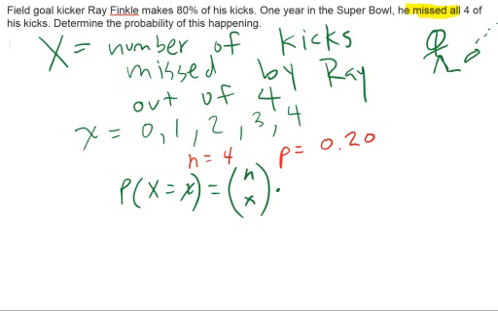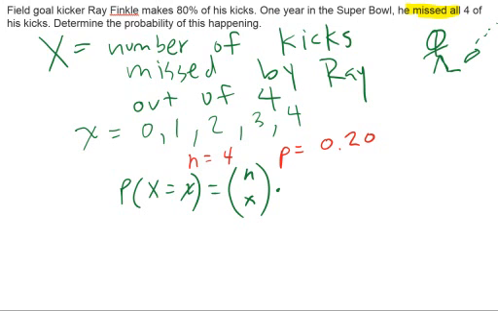Probability distributions can come as a function, as a graph, or as a table. We have a binomial table. You could certainly use that to solve this situation. So what was the probability of this happening? We have n choose x.